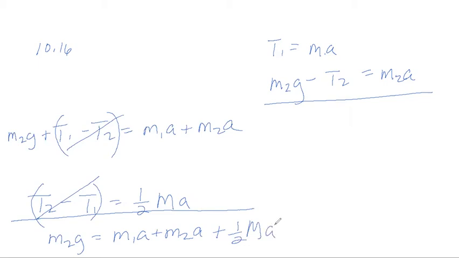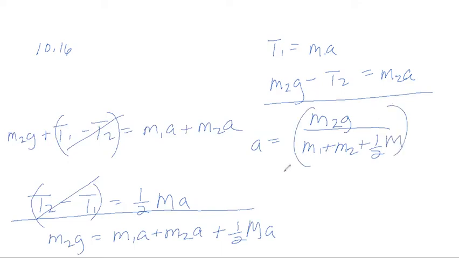All right, now I've got something I can work with. Fill all that in and solve for A. A is going to be equal to M2G divided by M1 plus M2 plus 1/2 the mass of the pulley.